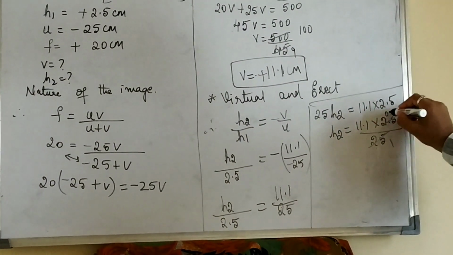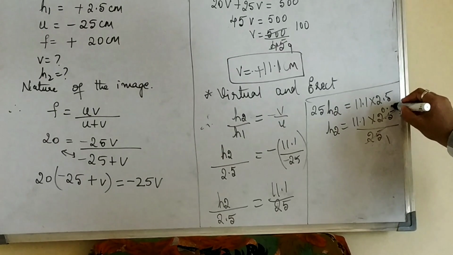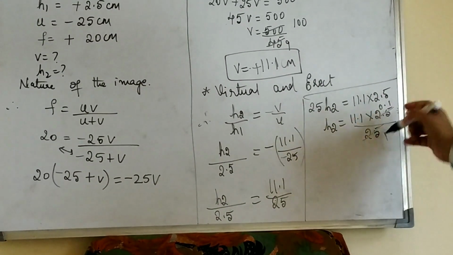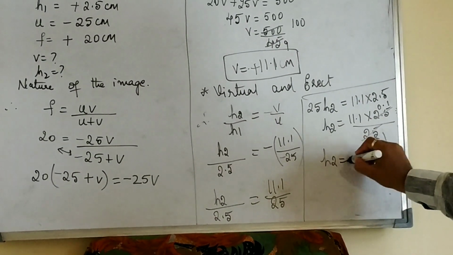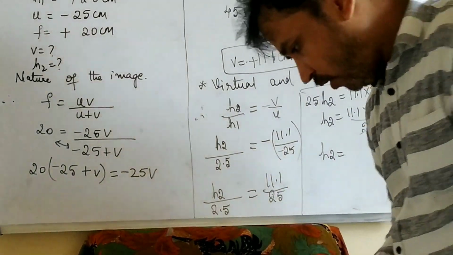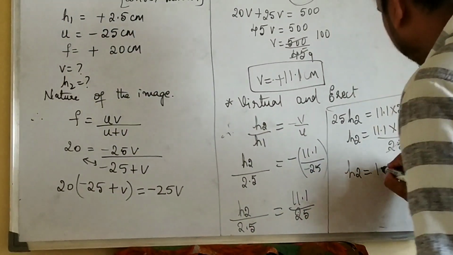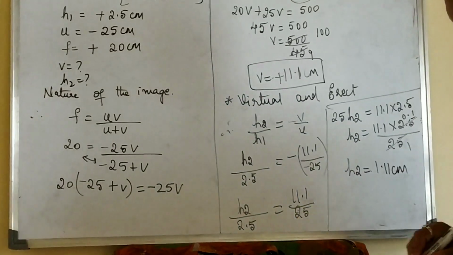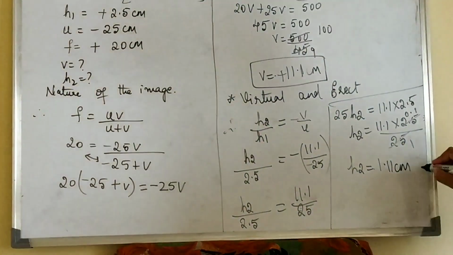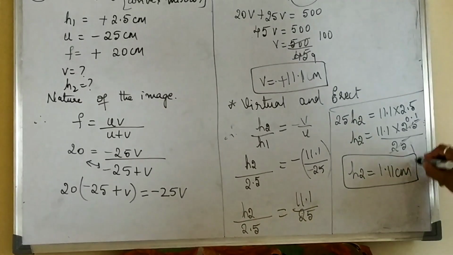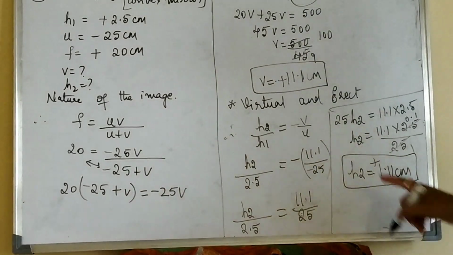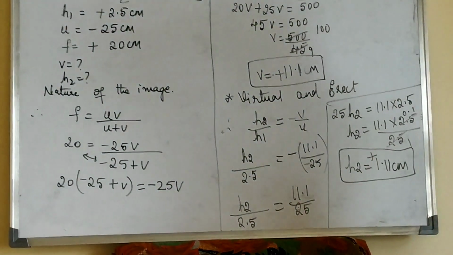Now here what will it go? 25 ones are 0.1. So 11.1 into 0.1, you will get the value of h2 is equal to 1.11 centimeter. So you are getting a positive value, plus 1.11 centimeter.